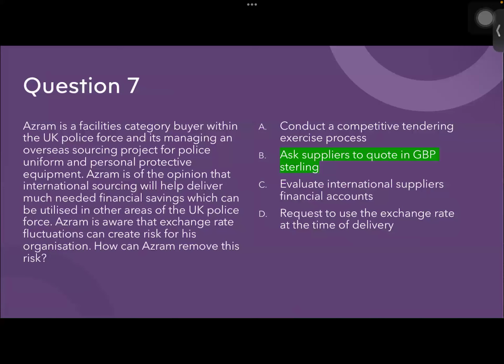Another problem is that the exchange rate we prepared the budget for is very different at the time of delivery, and that may go beyond what we budgeted for.